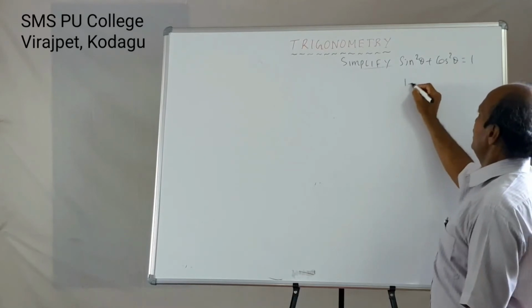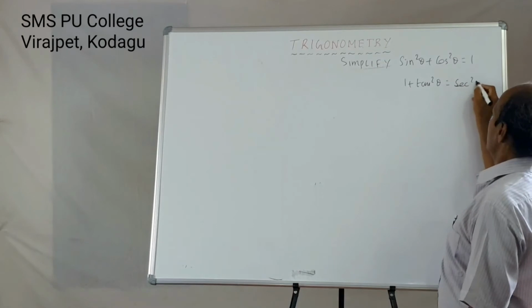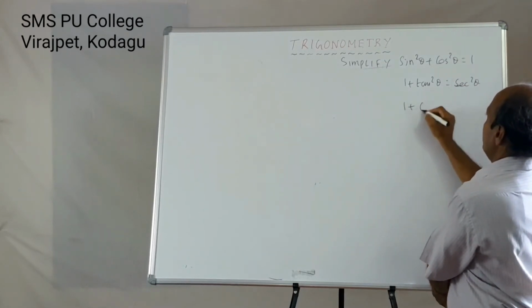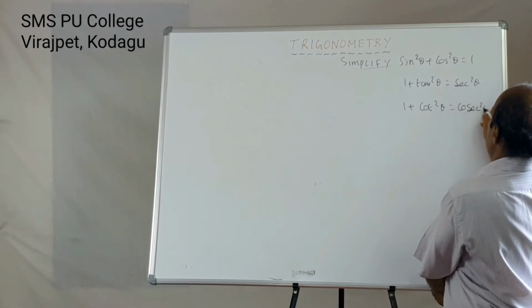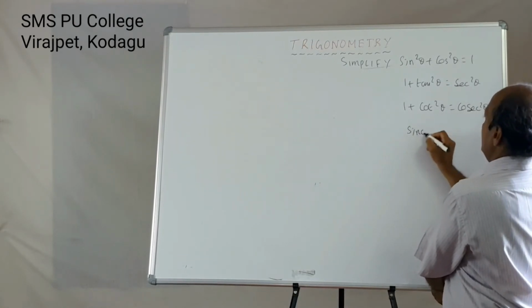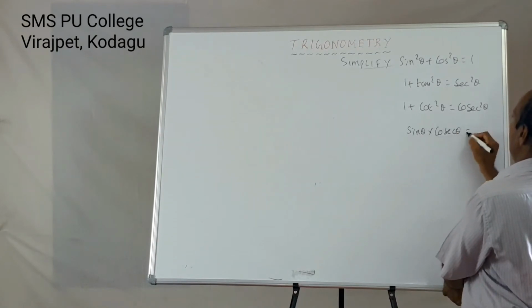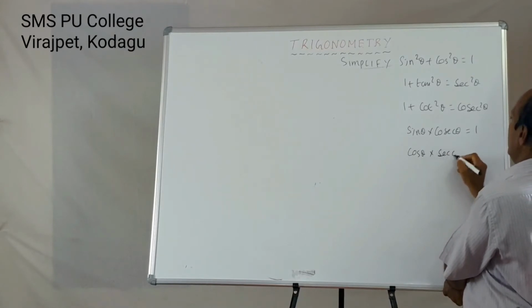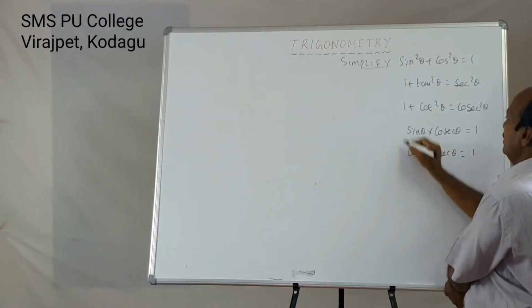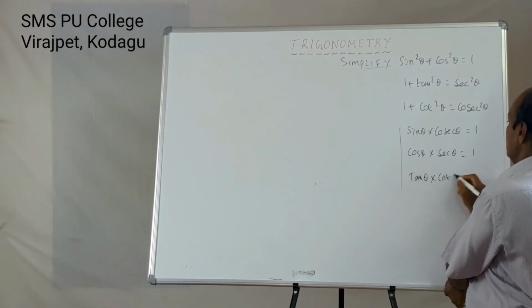Second one, 1 plus tan square theta is secant square theta. Third one, 1 plus cot square theta is cosecant square theta. Then you know that sin theta into cosecant theta is 1. Next, cos theta into secant theta is 1. One more, tan theta into cot theta is equal to 1.